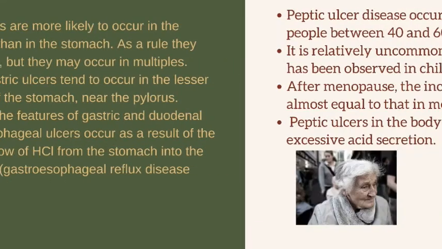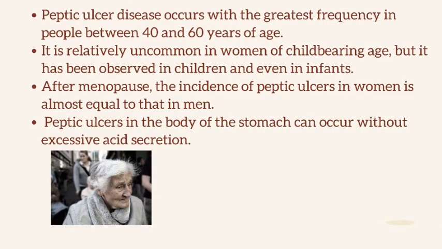Short form is GERD. So we are going to see here that it occurs with the greatest frequency in people between 40 and 60 years of age. Okay, so we can see most of the people who are between 40 and 60 years of age can get peptic ulcer.